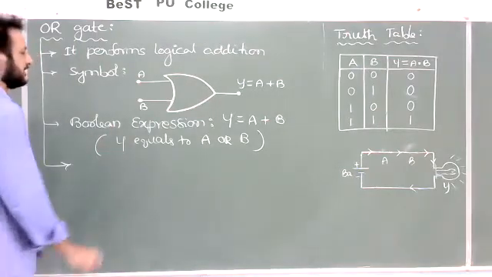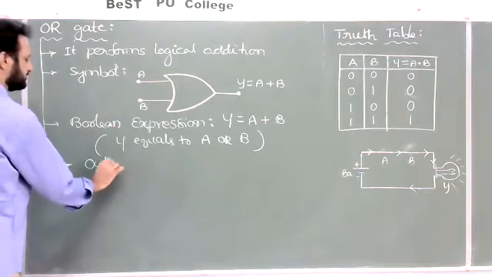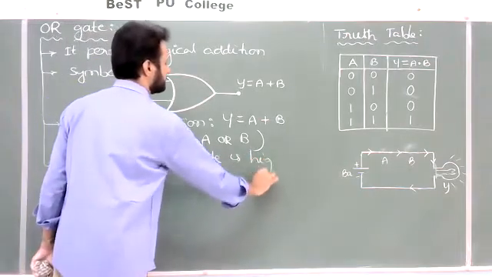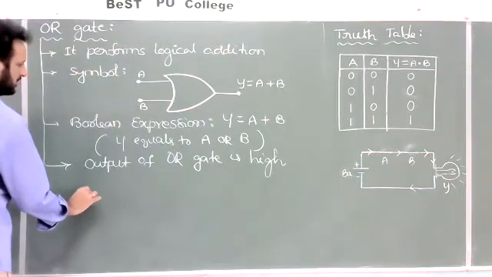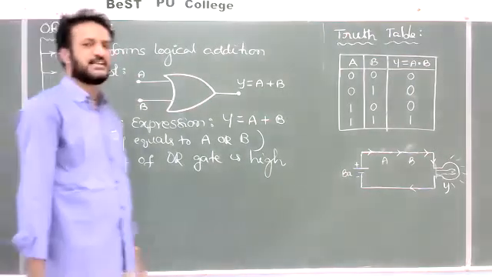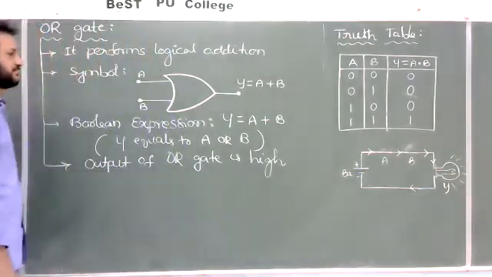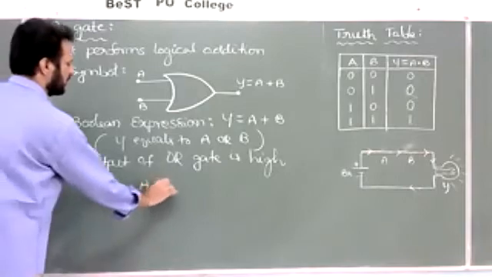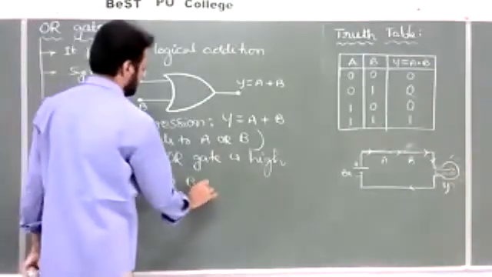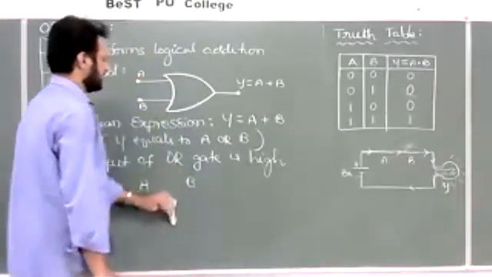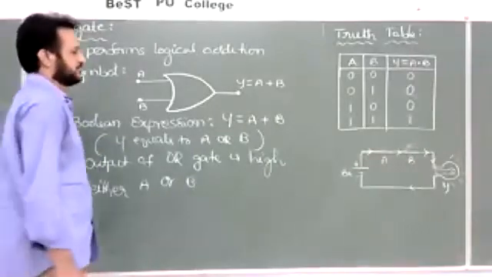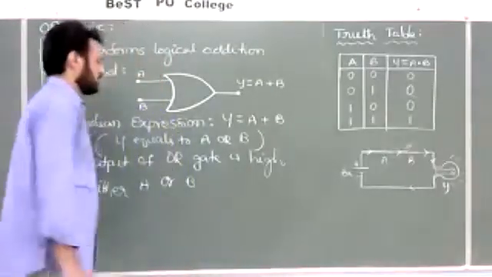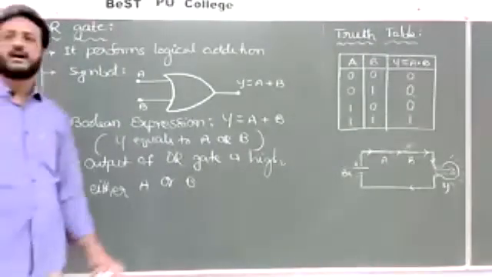The output of OR gate is high when either A or B, or both inputs are high.